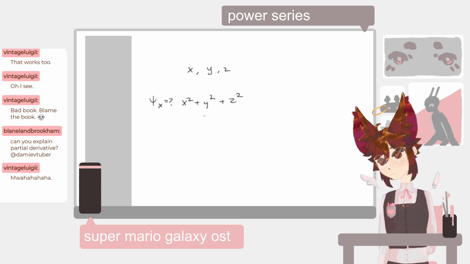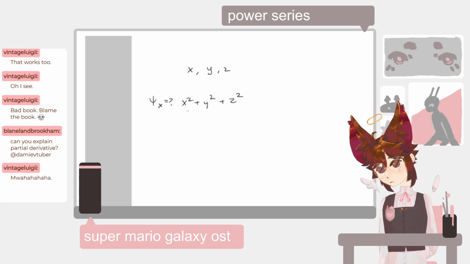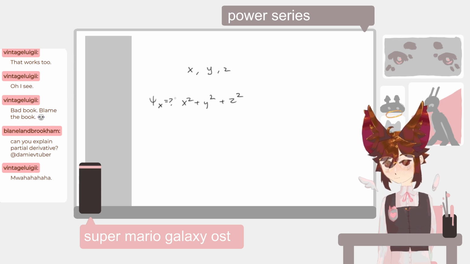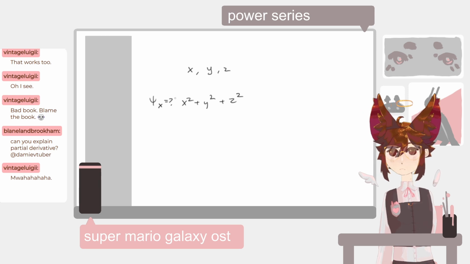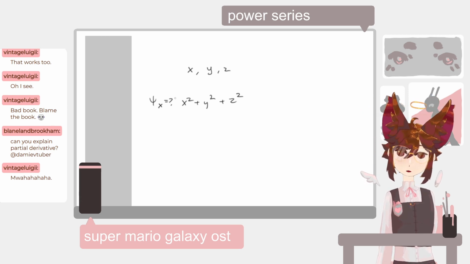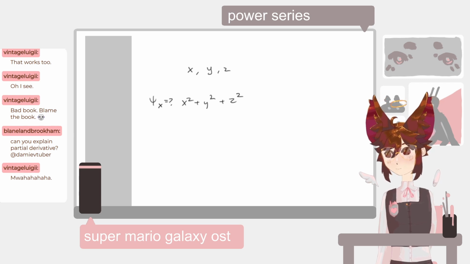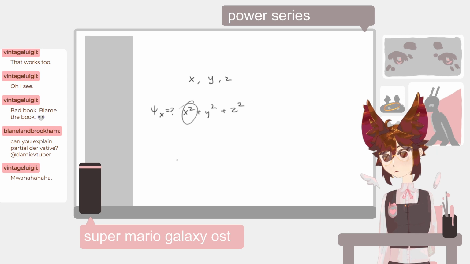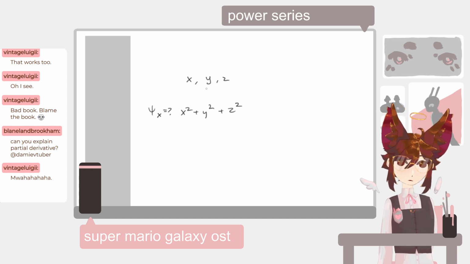What is a partial derivative? The way that I like to think about it is you're constraining your derivative to a certain variable. So that means you're going to treat these x's as variables, and you're going to treat everything else as a constant.